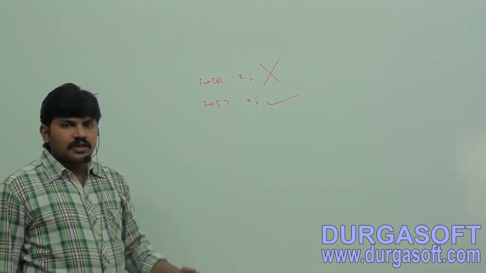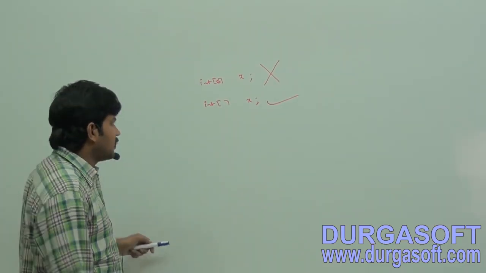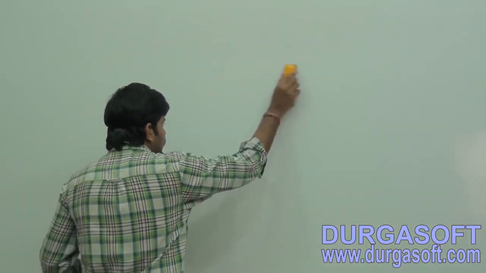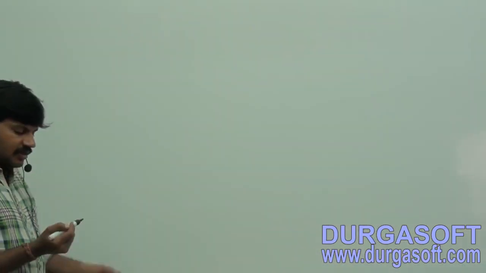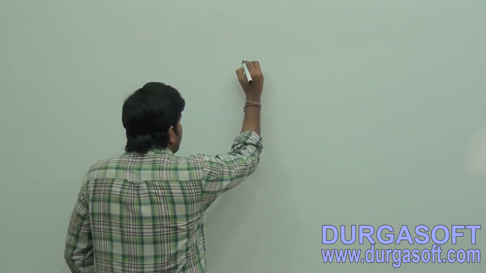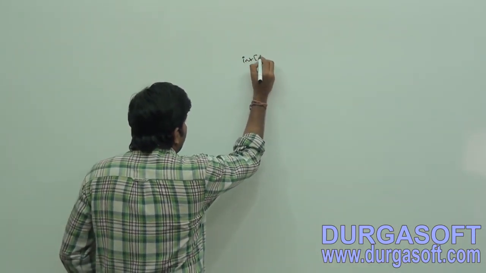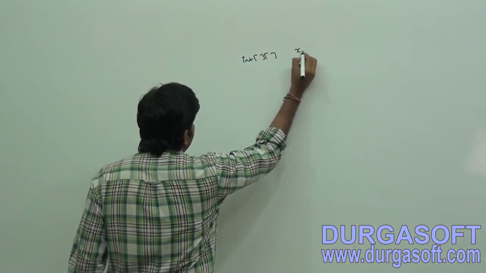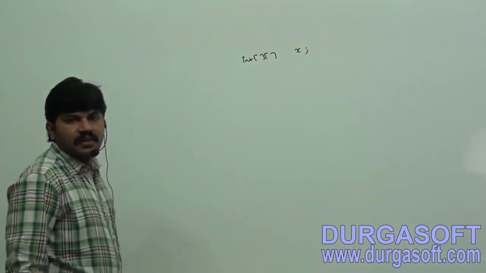Next, two dimensional array declaration. Sir, do you know how we can declare a two-dimensional array? What are the possibilities? Sir, I am taking a two-dimensional array like this, or like this.